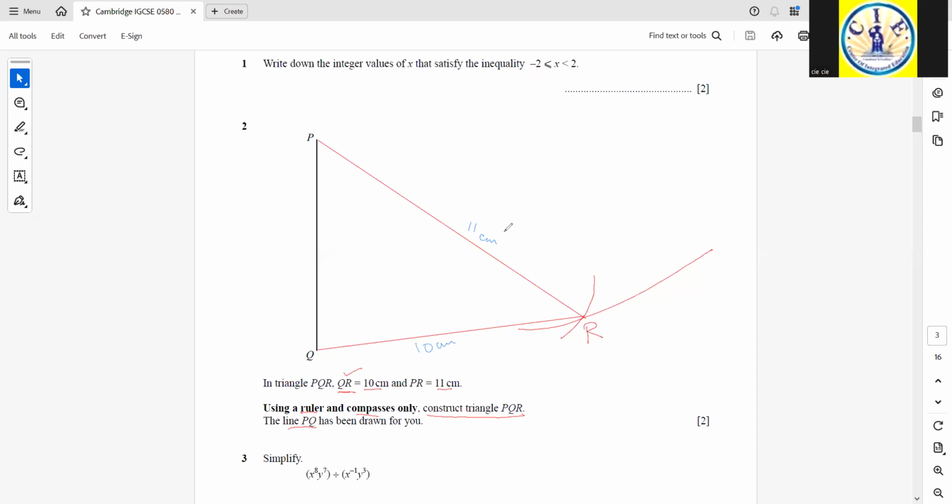So in exams, you need to be aware that examiners count and see these arcs drawn by the compass. So you need to use the compasses to draw these sides QR and PR. Okay, then it is question number 3.